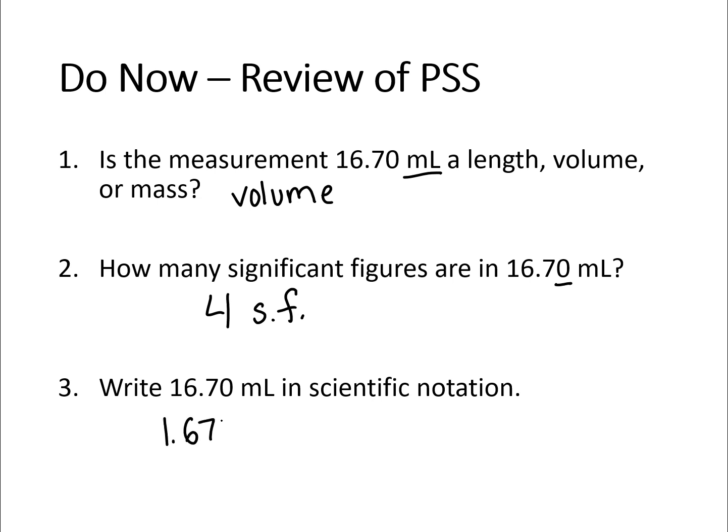So those of you who are participating, you're definitely getting it. Just don't forget your units. And also don't forget this zero. Okay, so 1.670 times 10 to the first milliliters, because that zero is significant. So we want to make sure to keep it in there. All right, excellent.